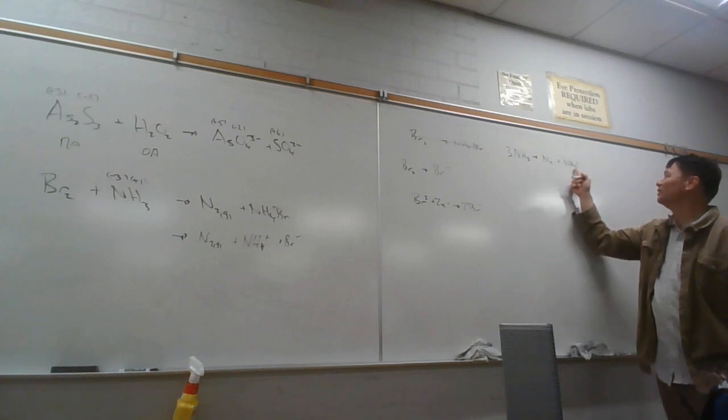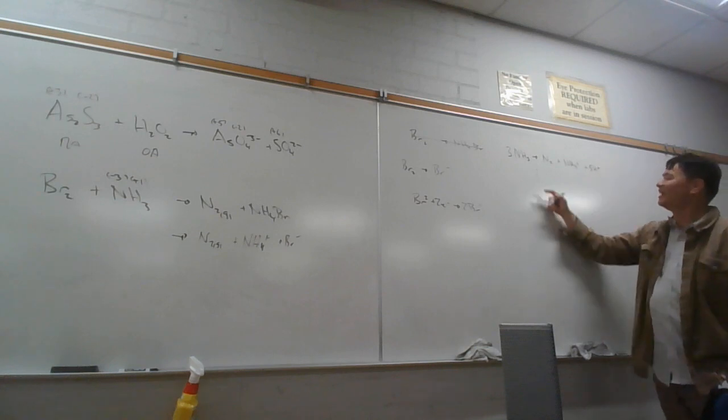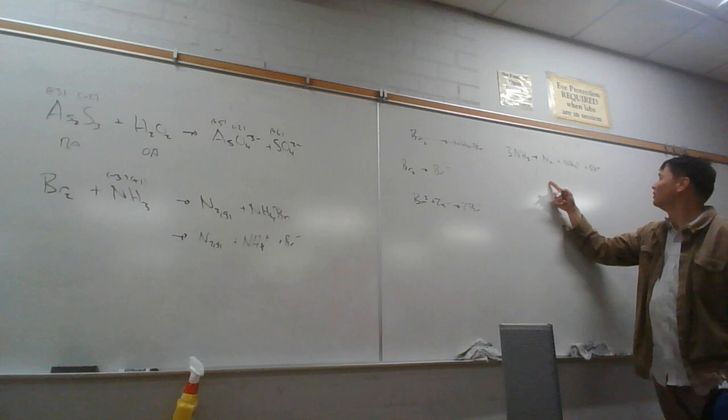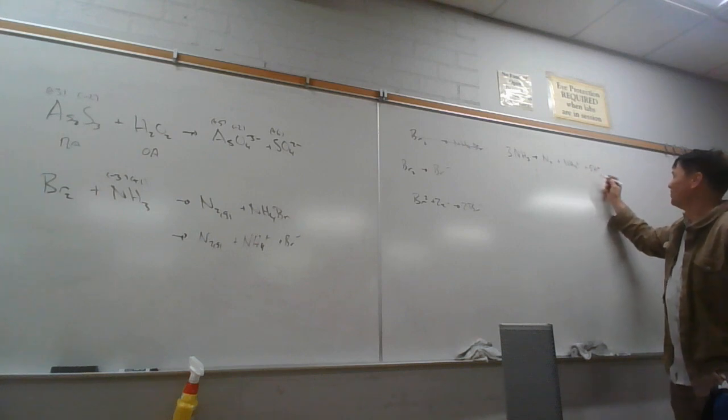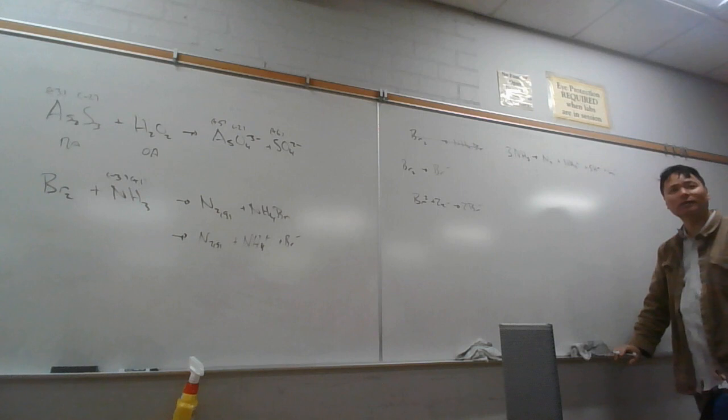This is 4. So I'm going to add 5 H pluses. And then I look at the oxygen. Actually, there are no oxygens. Oxygen, then hydrogen, sorry. And then what else? Electrons. So 0 plus 5 plus 6 means 6 electrons over here. Is that what you got?